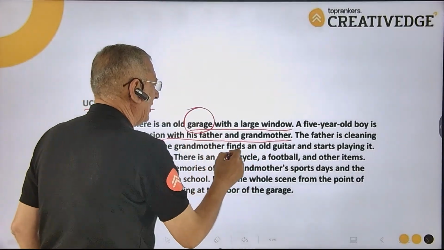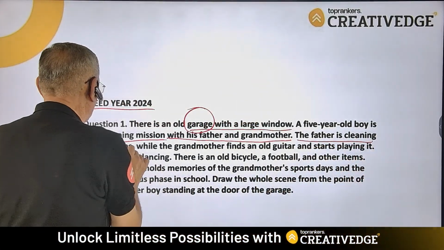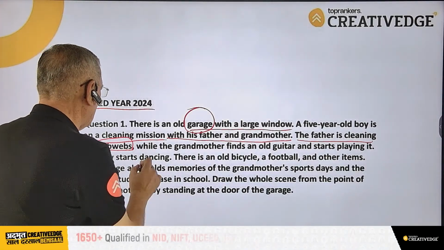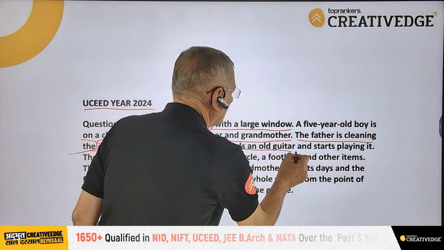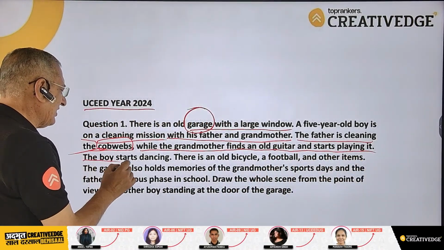So these three people are there in the garage. The father is cleaning the cobwebs, makdi ke jale, while the grandmother finds an old guitar and starts playing it. The boy starts dancing.